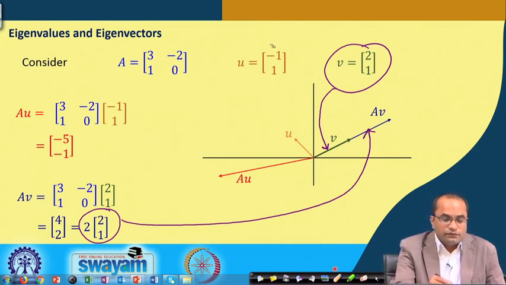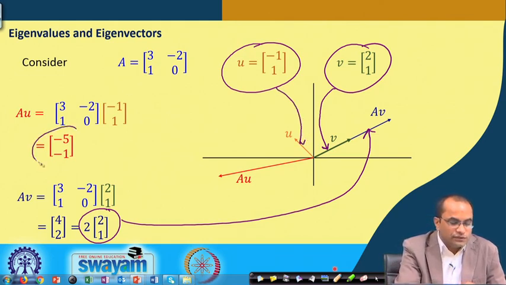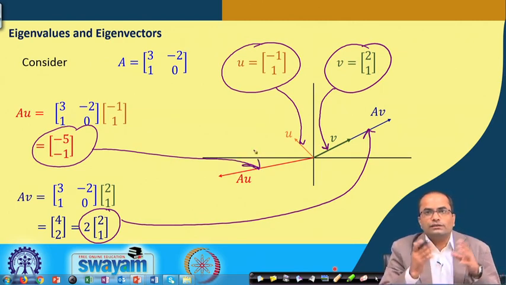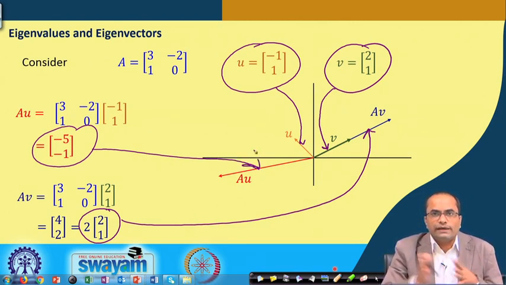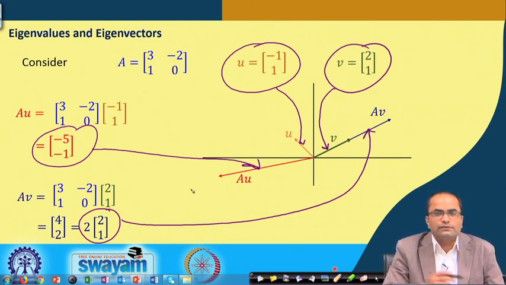But in the case of this u vector, this was the vector u, and A times u has become this one. So, we do not have such a relation where after multiplication the vector direction remains the same. We have a completely different vector now, A u.